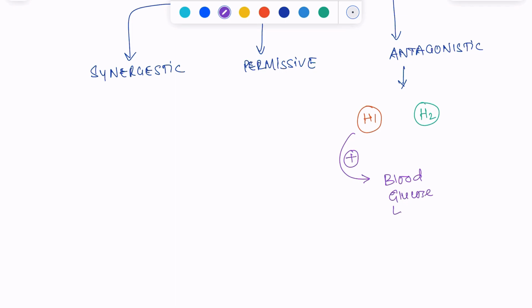Hormone 1 will increase the blood glucose level, and hormone 2 will decrease the blood glucose level. So this is the simple antagonistic example.